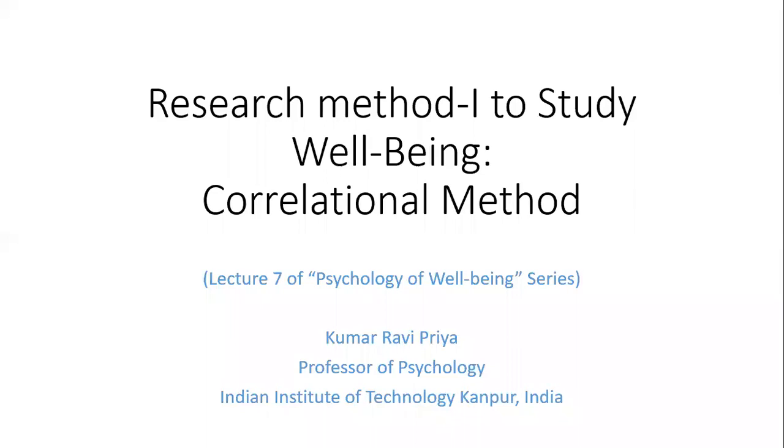And we are going to see how this method helps us cater to the promise of the positivist or the post-positivist paradigm or the natural science paradigm in trying to understand the relationship between various variables such as well-being and other variables that might be associated with well-being. So let's try to take a look at what are the important elements of this method that we are going to understand.